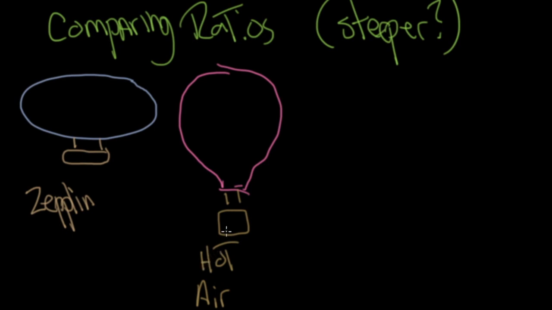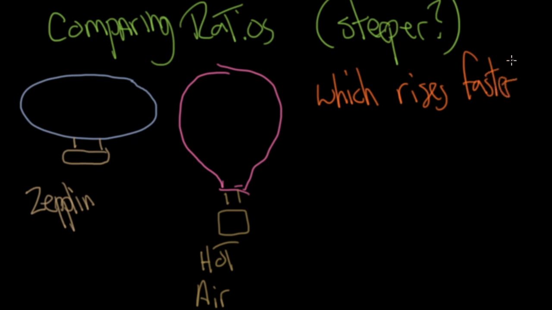And maybe I just wanted to compare the ratios of which ones go up faster. So which rises faster? This is a good question. Which one rises faster? And I'm going to give you some stats.